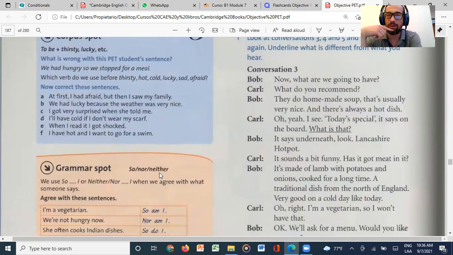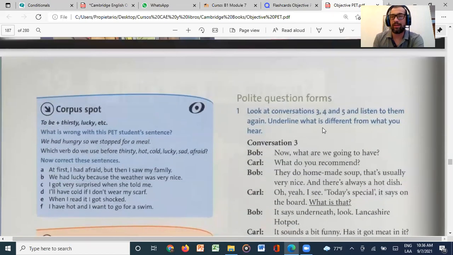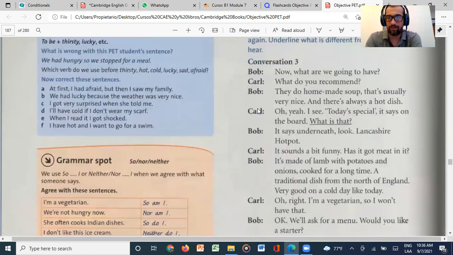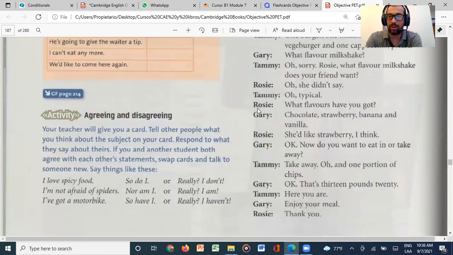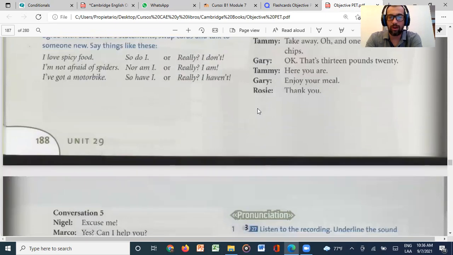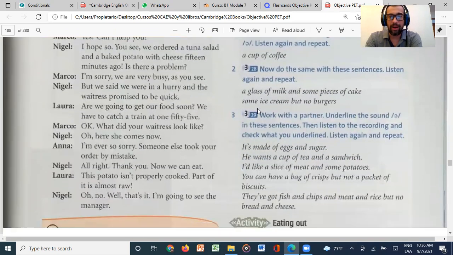It says on the board, what is that, right? So that will be, in this case, a formal question, a polite question, right? So you can listen to conversations again and underline these parts.